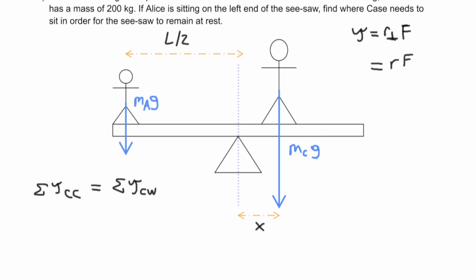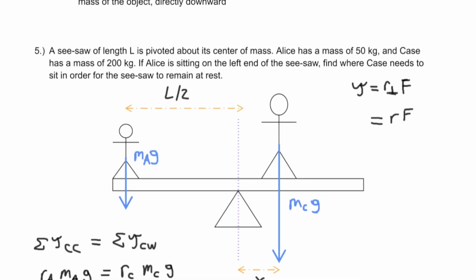But those two have to exactly balance. So we basically have this: RA times MA times G is equal to RC times MC times G. Because again, the torque is just going to be their distance multiplied by their force.